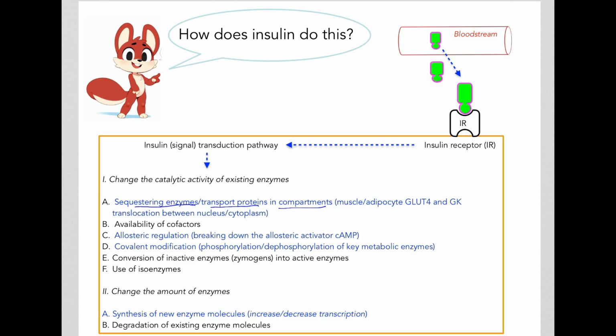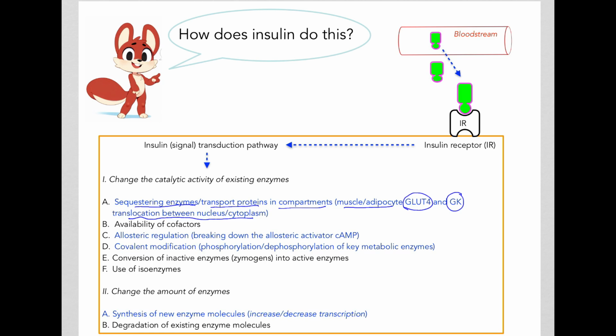For example, we'll see how the GLUT4 transport protein travels from the cytoplasm to the plasma membrane in case of muscles and adipocytes. We'll see examples of glucokinase, the enzyme in liver, being transported between the nucleus and cytoplasm.